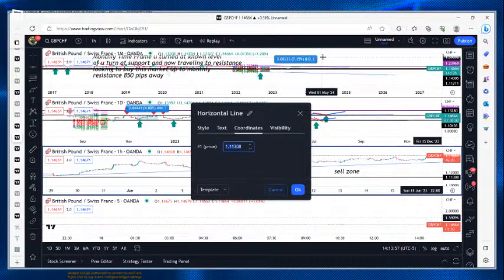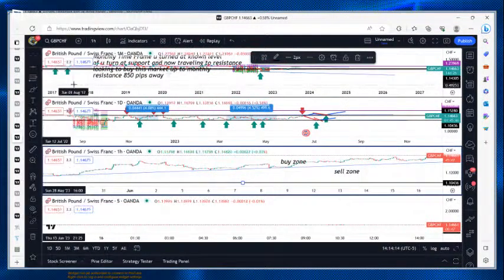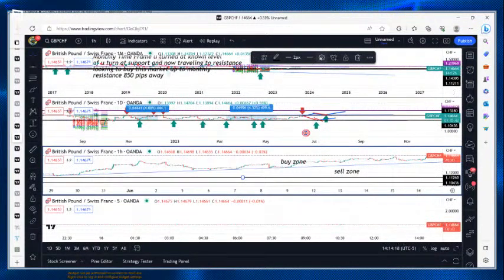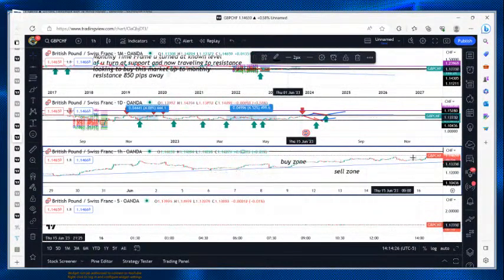All right, we got a floor support at 1.10436. So that is the floor support on the daily time frame. And then we have a ceiling of resistance at 1.15280 on the daily time frame.